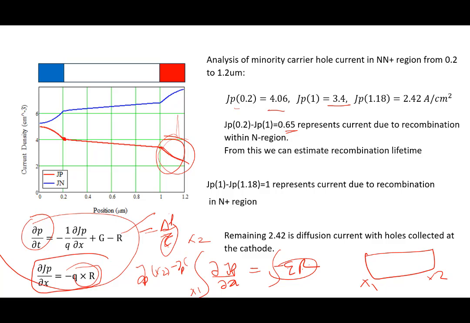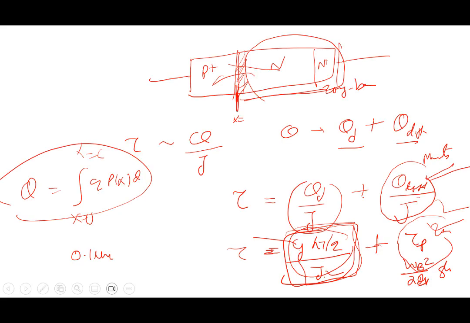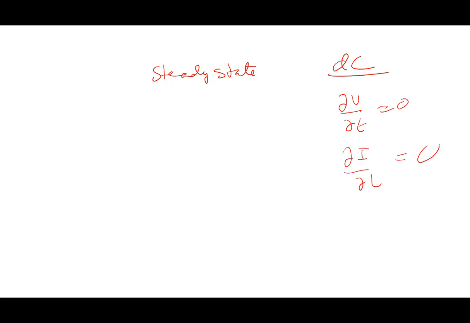What is the meaning of steady state? A simple meaning of steady state is DC. In DC condition, del V by del T is 0, del I by del T is 0. Nothing is changing.